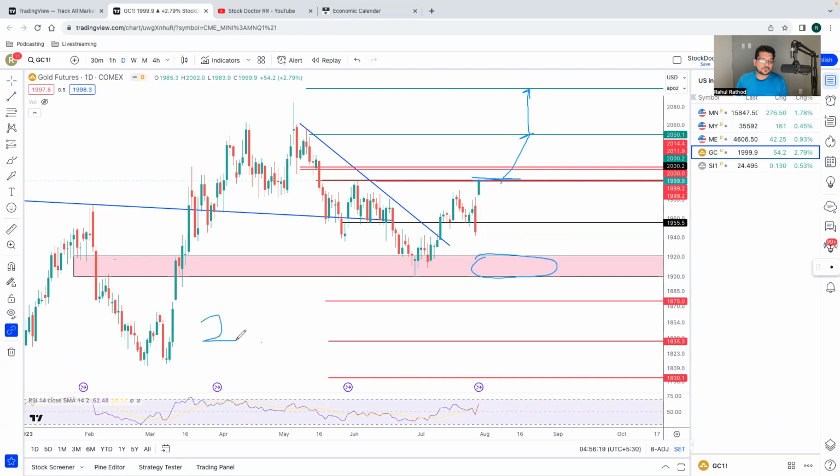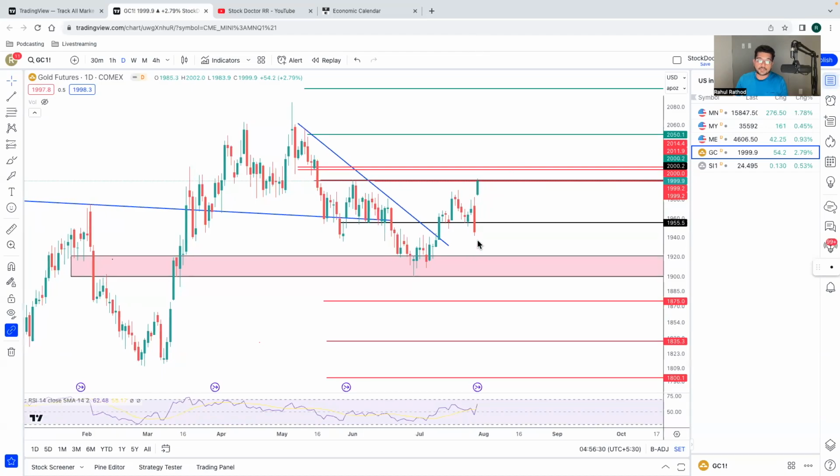I'm looking for the long-term target of 2600 on the gold. Only the criteria is that it needs to stay above $2000. We will talk about downside if it starts trading below 1900 for these three targets. Target 1 1875, 1835, and 1800.